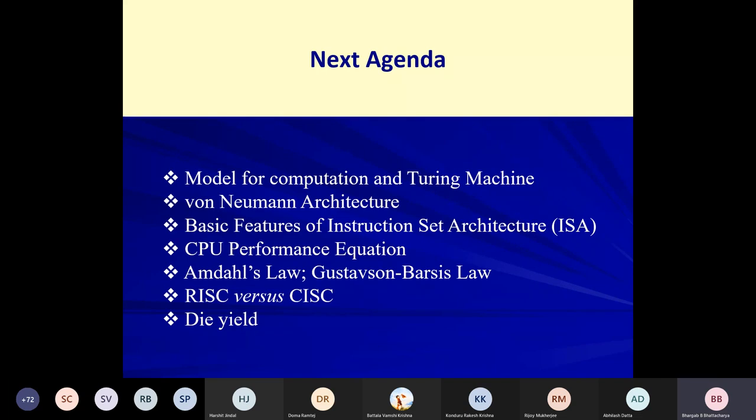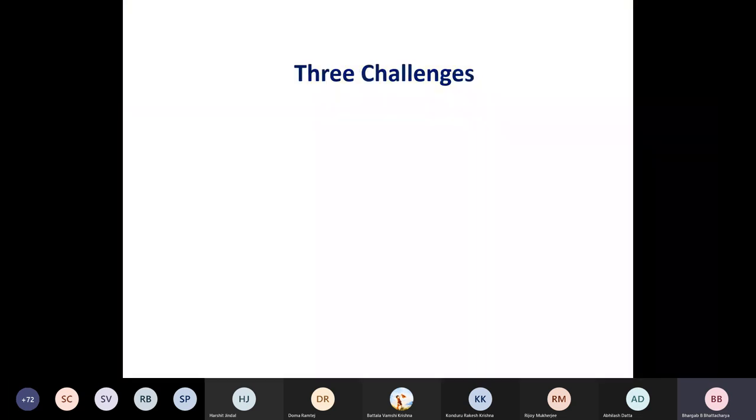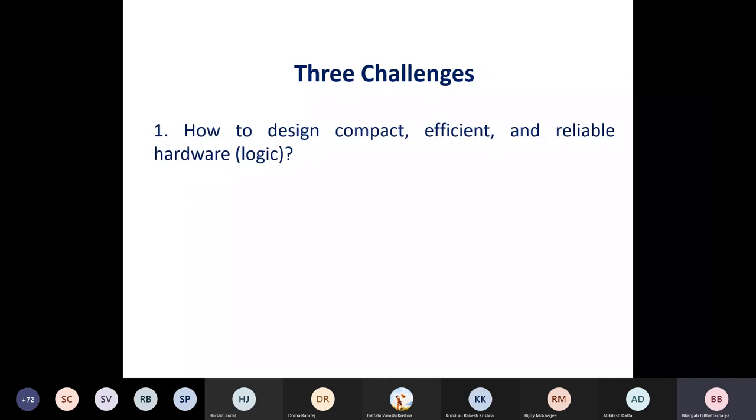Well, imagine yourself that you are a computer designer and you are entrusted with the task of designing a processor. So you need to answer three questions. The first question that would arise is that you need to design the hardware. So how to design compact, efficient, and reliable hardware? That means how to design efficient logic, compact logic.